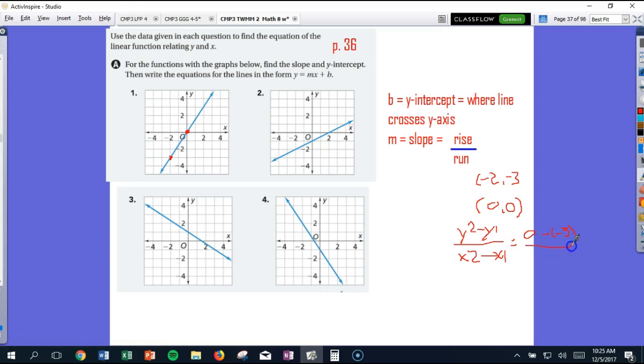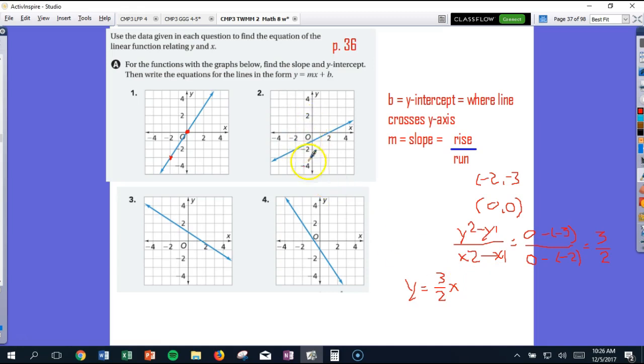And then our change in x was, our x2 was 0, and our x1 was -2, so that's going to be negative as well. And then what this comes up to is 0 minus a -3 is a +3. And 0 minus a negative 2 is a positive 2. So our slope is 3 over 2. So our equation would wind up being y equals 3 over 2 x. And we don't have a y-intercept because, I mean, we do, it's 0, but there's no need to write plus 0 because we're not adding or subtracting anything.